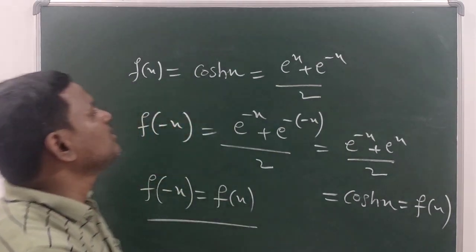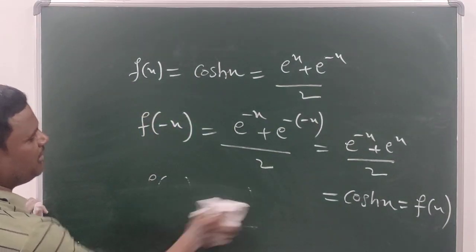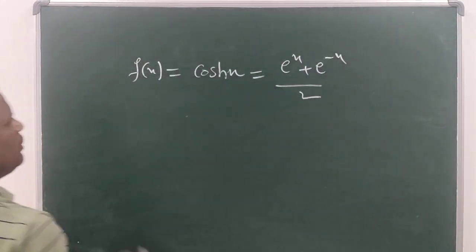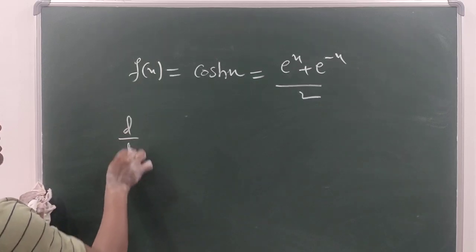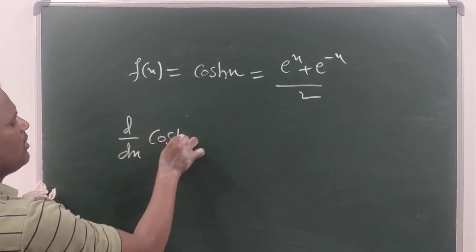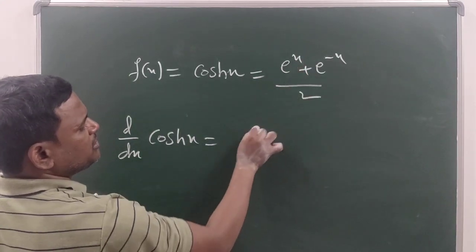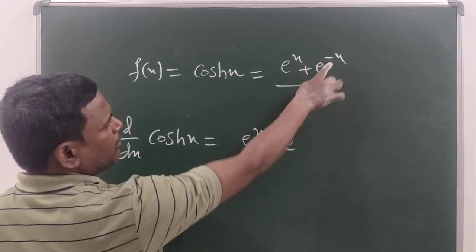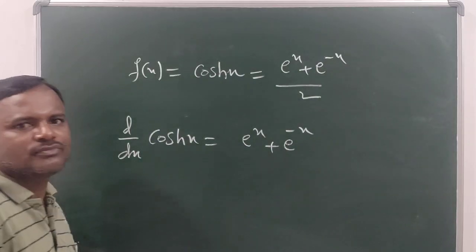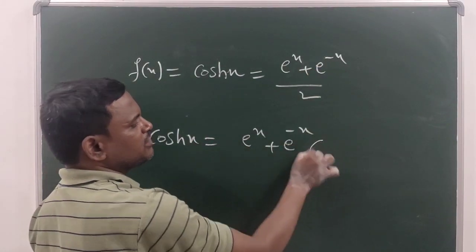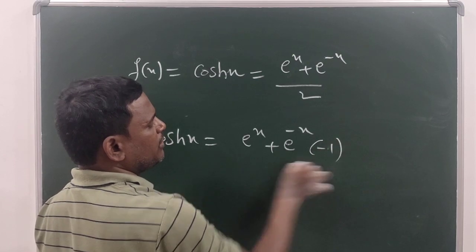Okay, right. So now find its differentiation. What do you get? D by dx of cos hx is equal to: the derivative of e power x is e power x only. The derivative of e power minus x, students, this is not x, so minus 1 you will get, by 2.